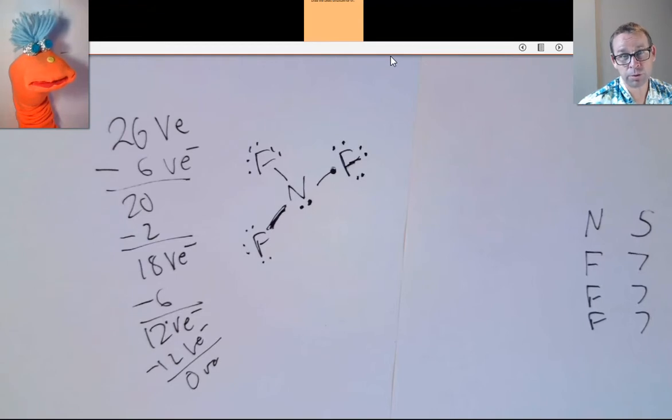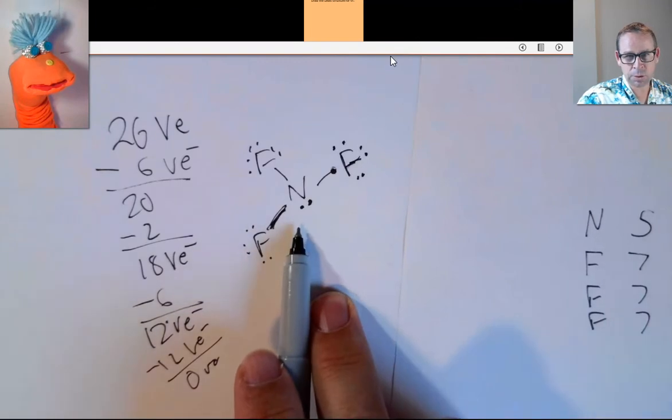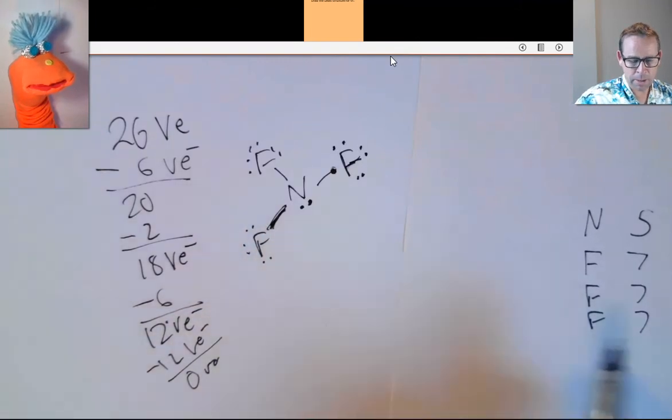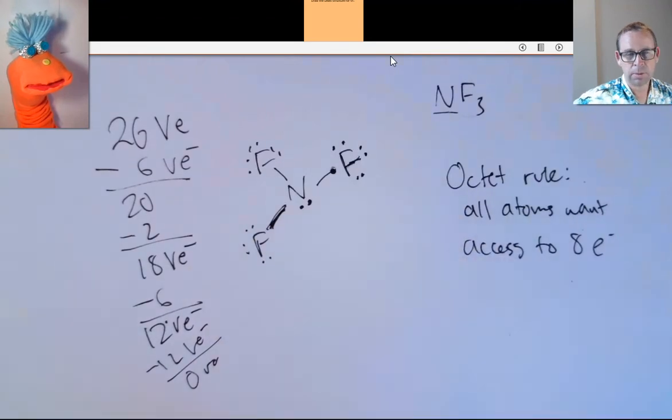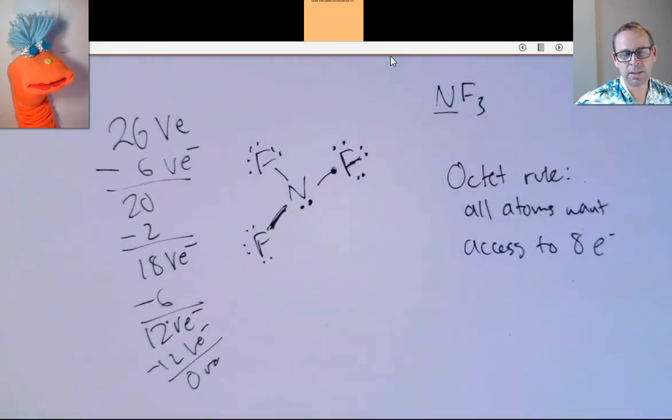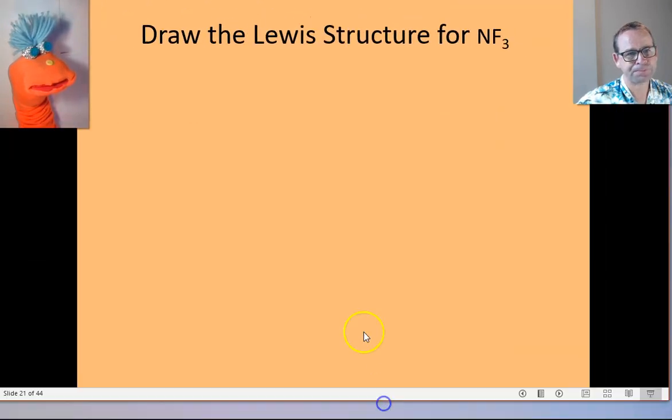Everybody just shares yours, right? So atoms, same way, when they come to this Lewis dot structure party, they want to have around them the number of electrons that they brought to the party. And they want to have available to them an octet. All right, so they all have access to 8, and they have right around them the number that they brought to the party. Okay, very good.